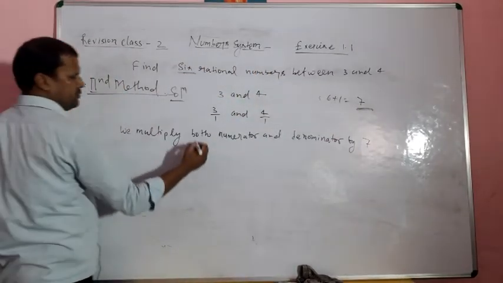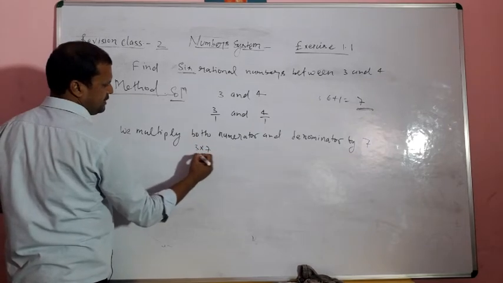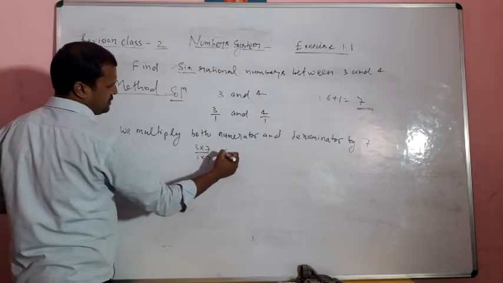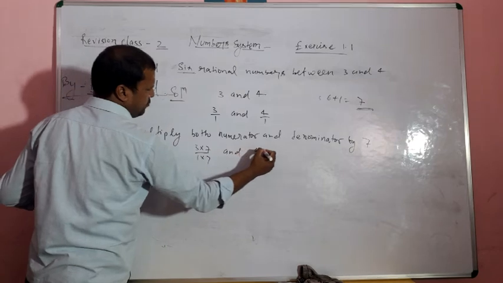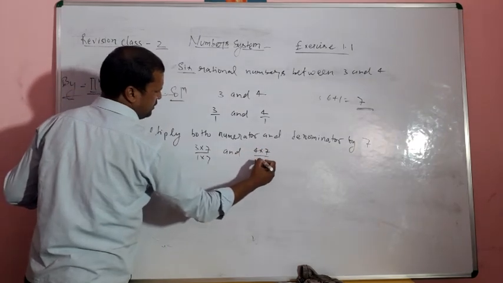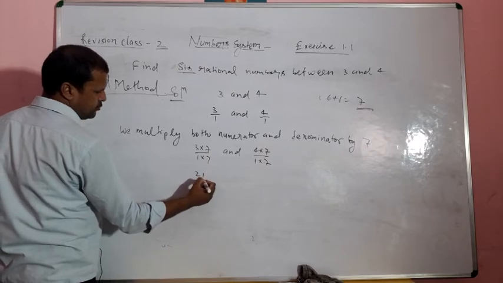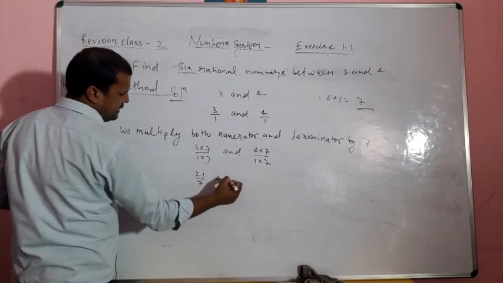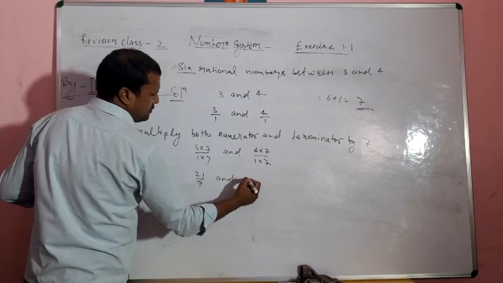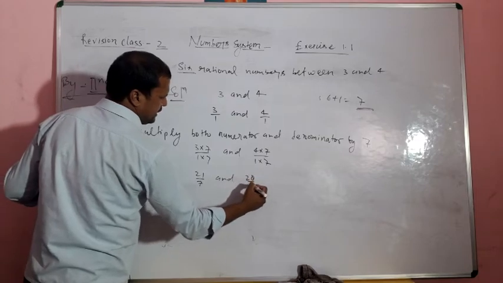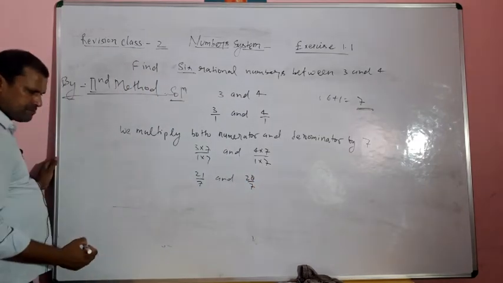Now 3 into 7 upon 1 into 7, and 4 into 7 upon 1 into 7. So this can be written as 21 by 7 and 28 by 7.